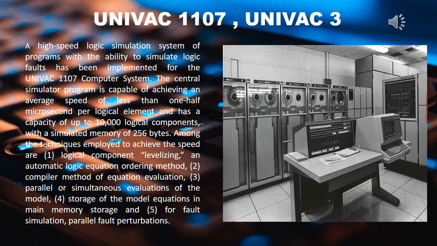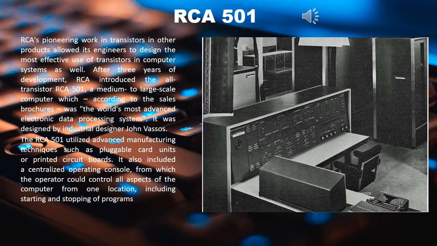Among the techniques employed to achieve the speed are: 1. Logic component levelizing, an automatic logic equation ordering method. 2. Compiler method of equation evaluation. 3. Parallel or simultaneous evaluations of the model. 4. Storage of the model equations in main memory storage. And 5. For fault simulation, parallel fault perturbations. RCA 501.